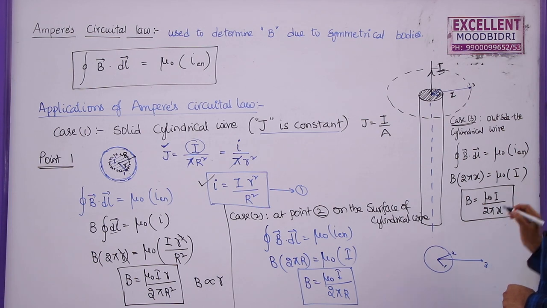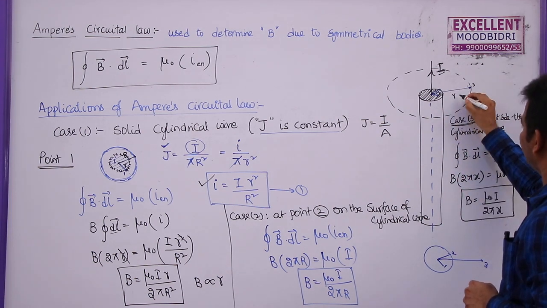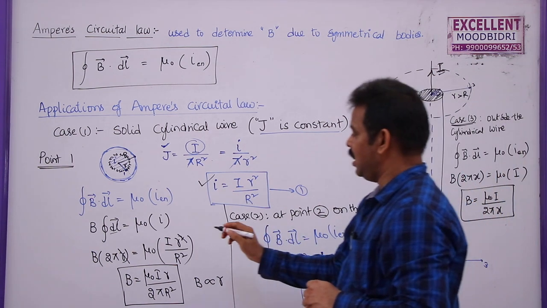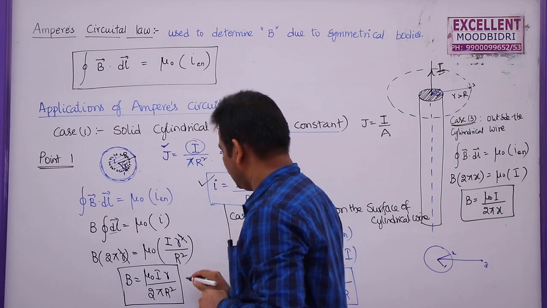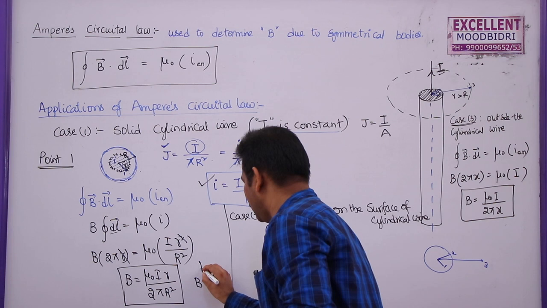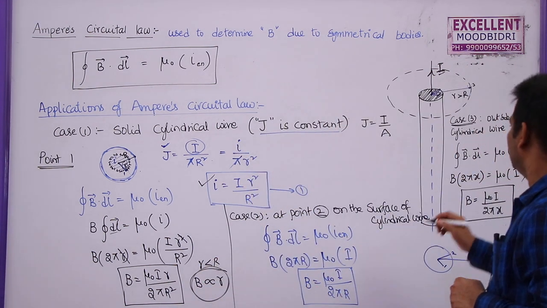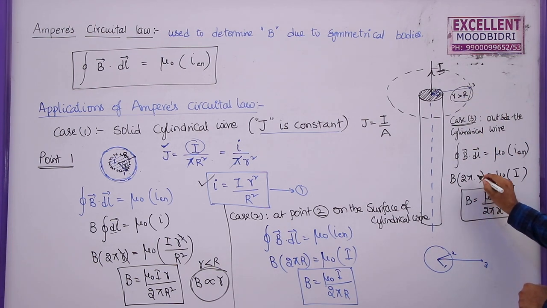In some problems, especially in competitive exams, they may give this as also r, but r greater than capital R. Here in this one, r is less than capital R, and B is directly proportional to r. If r is greater than capital R, that means instead of x I can take r only.